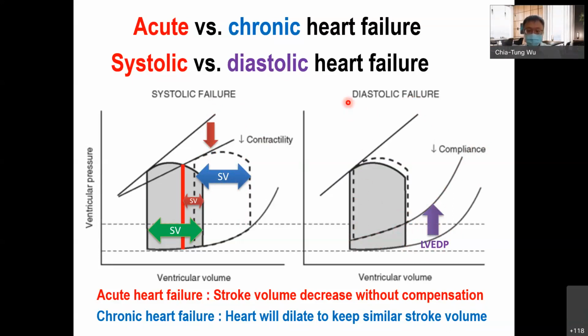So although people with diastolic heart failure have a very similar stroke volume, the pressure in the left ventricle increases. So the pressure in the left atrium also increases, and the pressure in the pulmonary vein also increases. So you also feel dyspnea, but your cardiac output remains the same. So don't worry, for diastolic heart failure, the prognosis is not that bad.